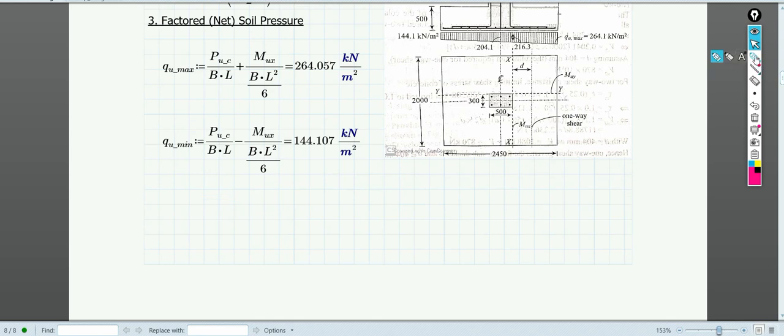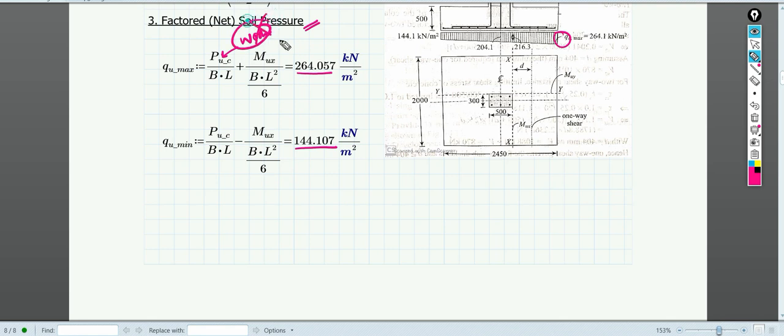Now the next step is to find out the pressure, the maximum and minimum stress values of the soil. For the dimensions we have considered, the maximum stress will be 264 and the minimum 114. Now concentrate on this factor: here we have not used the working load.